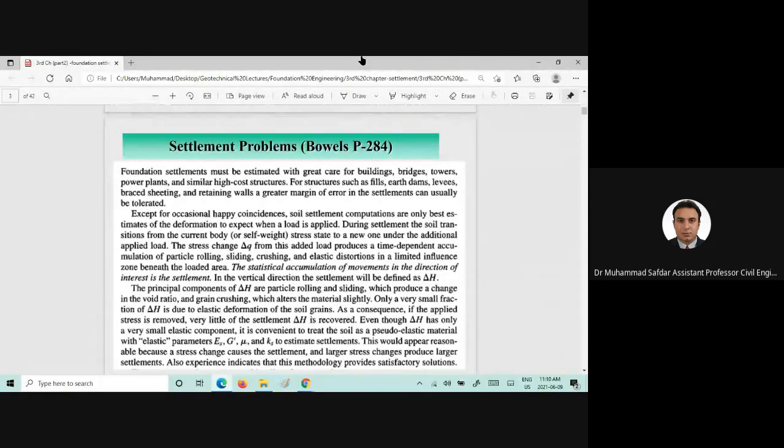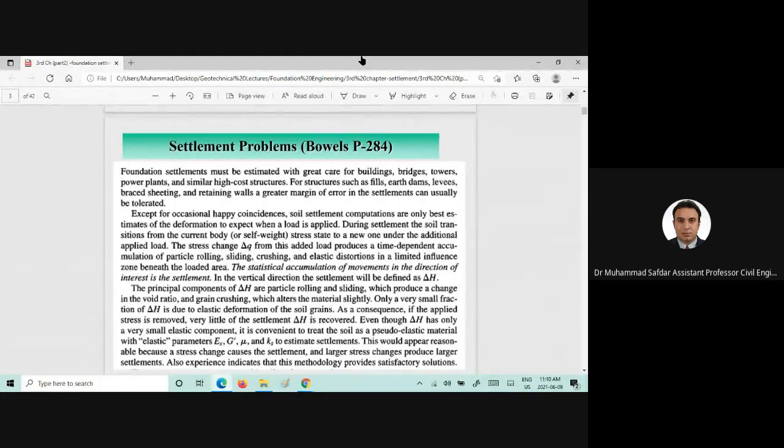We will determine the modulus of elasticity, how we can determine it in the lab and also in the field. And then we will revisit the concepts which we learned during Geotech 1 about the vertical stress increases beneath the foundations or different types of foundations.